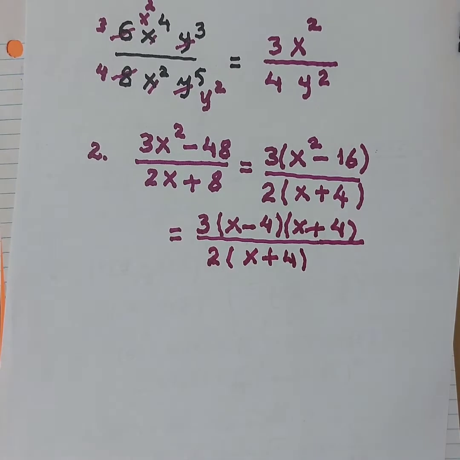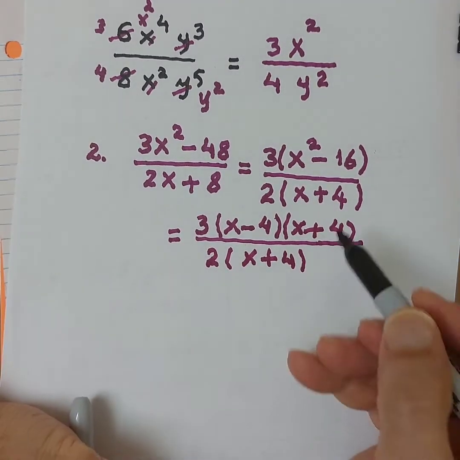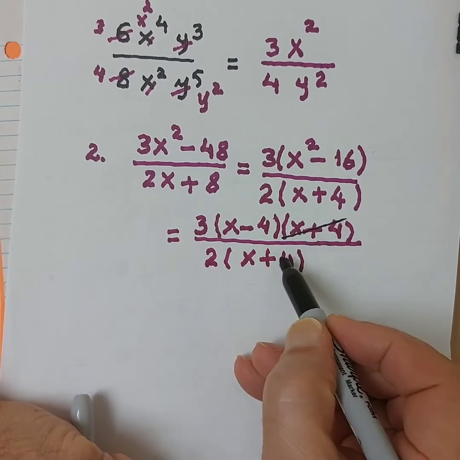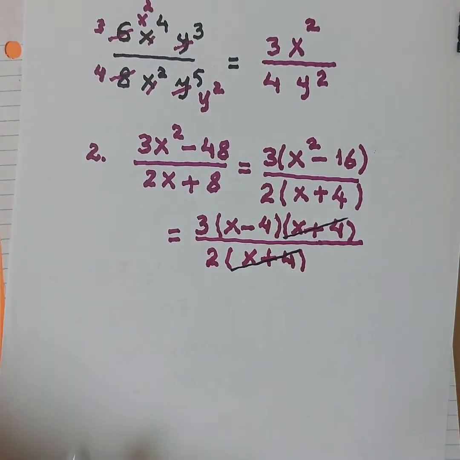Now when you look at this form, you'll find a common factor between the numerator and denominator, this one here, so this can be cancelled together.